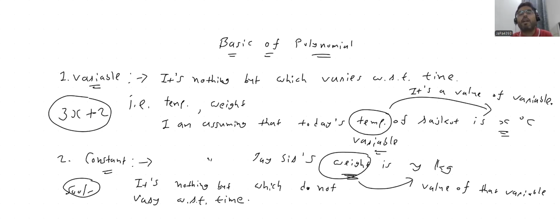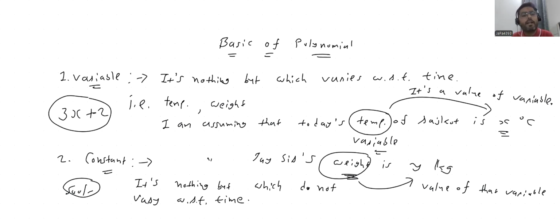It's nothing but which varies with respect to time can be considered as a variable. But in a study case, for identification, if you see any x, y, z values given to you, you can consider them as variables.